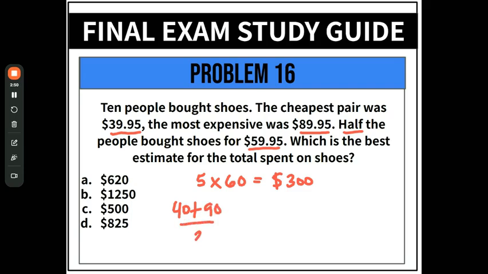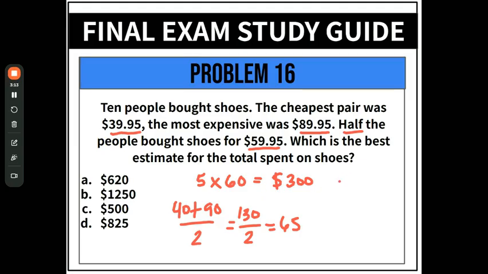And we're going to take the average and divide by 2. So we get 130 on the top, divided by 2. And this gives us 65. So we can estimate that each of the remaining people spent $65 each on shoes.